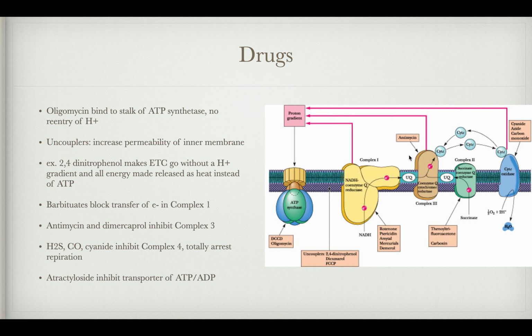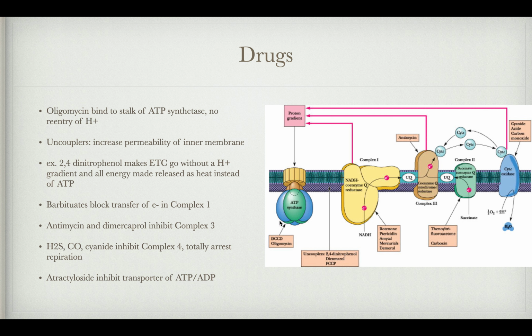And antimycin, you should know, is actually an antibiotic. Hydrogen sulfide, carbon monoxide, and cyanide will inhibit complex 4, and that will totally arrest respiration. And by respiration, I mean chemical respiration, not like breathing, right? And then atractyloside will inhibit the transporter of ADP and ATP.